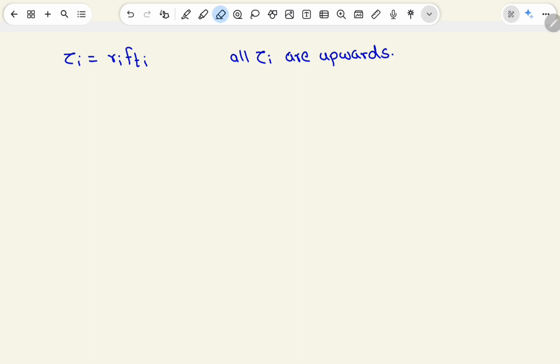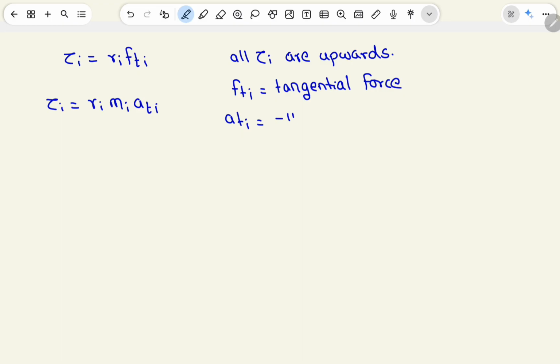We have tau i is equal to Ri into Fti, where Fti is the tangential force. This tangential force can be written as mass of the particle into tangential acceleration, where Ati is the tangential acceleration of the ith particle. Now, we know that the tangential acceleration's vector formula is alpha bar cross r bar. So Ati bar will be alpha bar cross Ri bar.